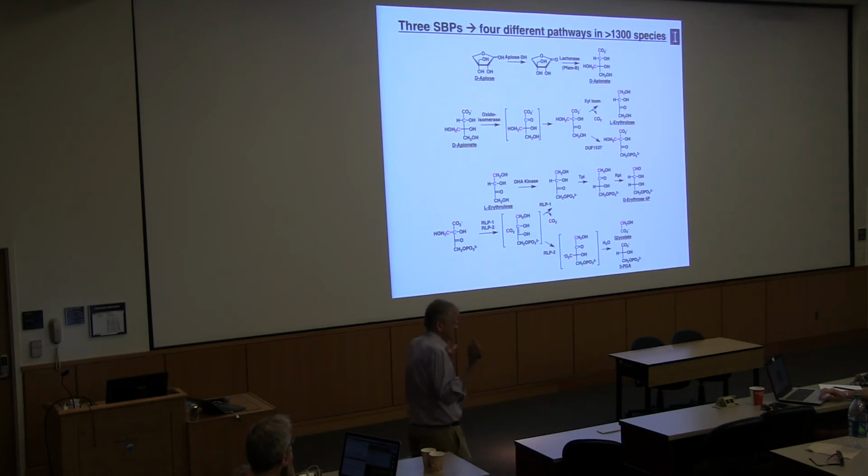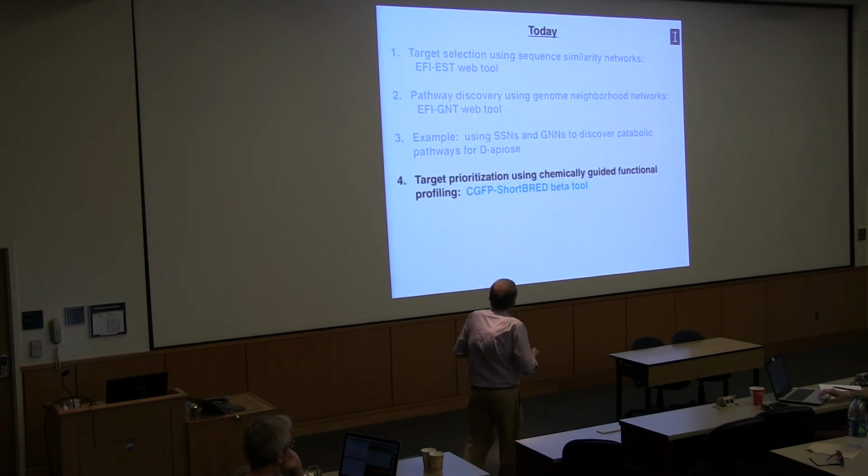All right? So that shows how sequence similarity networks and genome neighborhood networks can leverage pathway discovery. I want to say just a little bit about this shortbread, this chemically guided functional profiling.